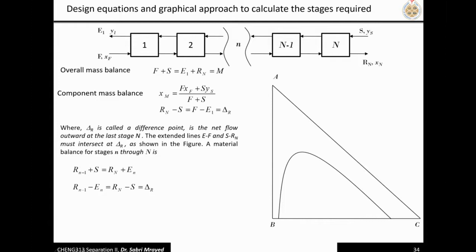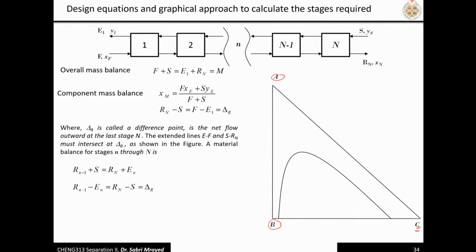This is your system: this is your carrier, this is your solvent C, and A is the solute. As you see here, A and B are miscible all the time. So with any fraction of A and B, your mixture between A and B will be homogeneous, so no two phases are going to be formed.